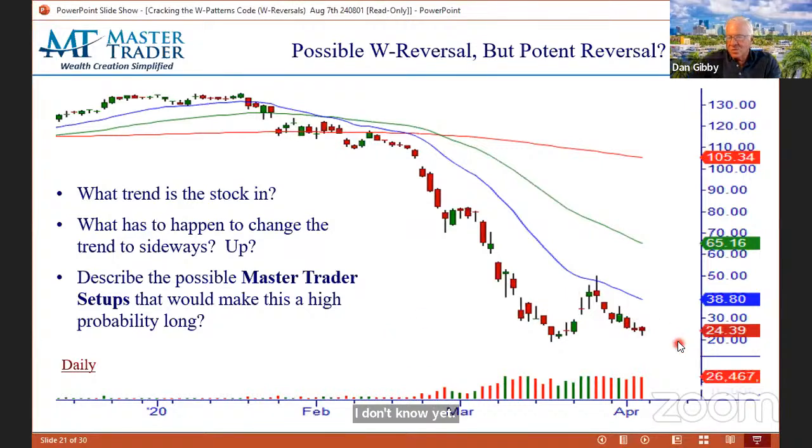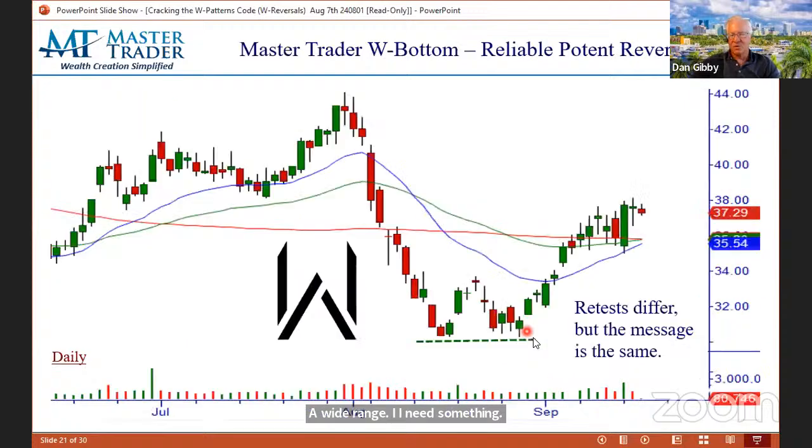There's no potent turn yet. And so remember what Greg said, gap reversal, 1, 2, 3. Wide range. I need something. Otherwise, it's in a downtrend, and the assumption is it's going to keep going lower. W bottom over the high of this red bar is where I'm confident.